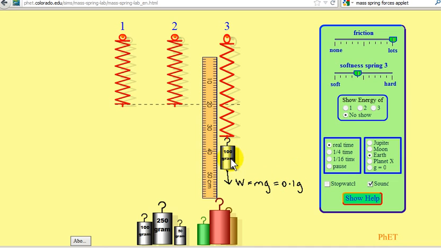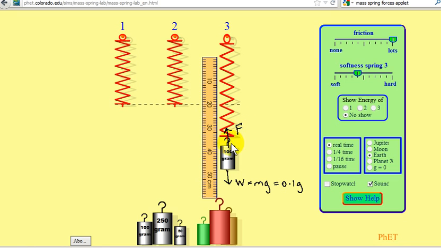Since this mass is in equilibrium, the resultant force on it is zero. So there must be an equal and opposite force to cancel this force here. An equal and opposite force points upwards, and its magnitude must also equal mg.